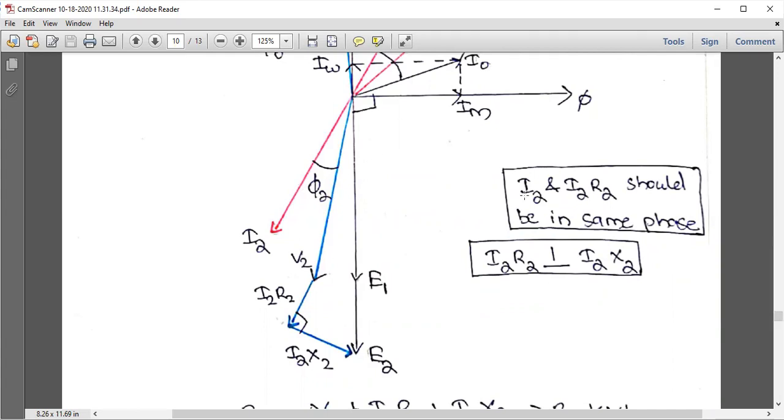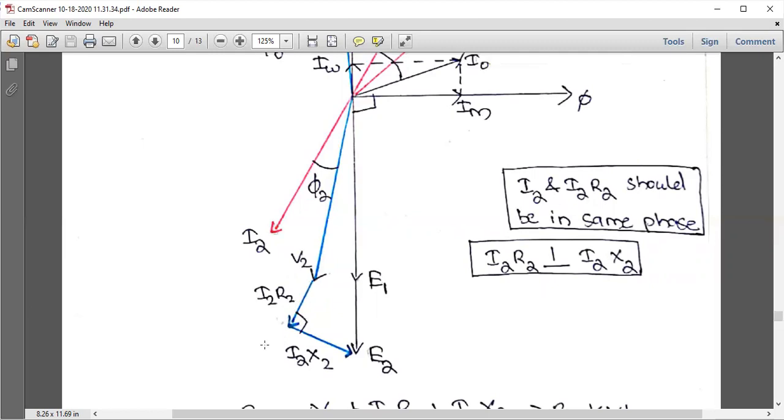Okay. And also I2 and I2R2 should be in the same phase, because I2R2 is the voltage drop, right? And I2R2 should also be in the same phase as I2. That's why I2 and I2R2 are drawn parallel.